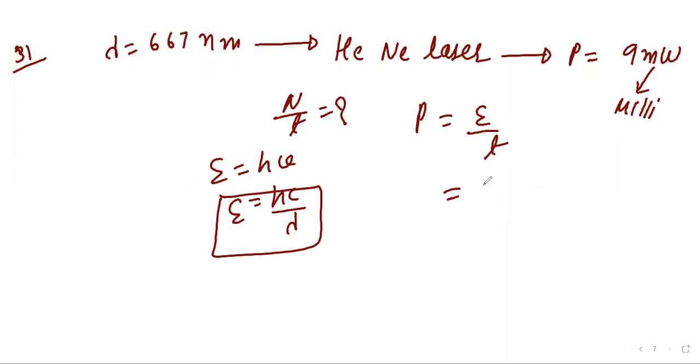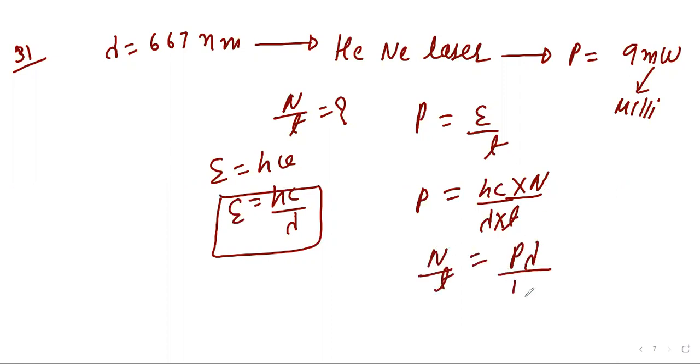So it will be hc by lambda into t. And when it is talking about photons, multiply with n. So number of photons per second will be n upon t equal to P into lambda by hc now.